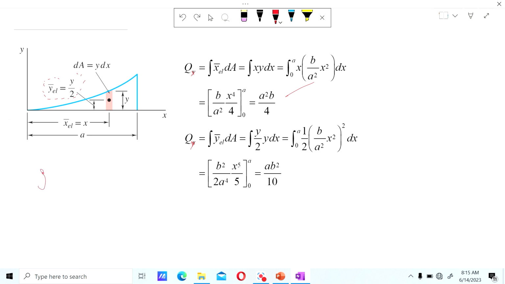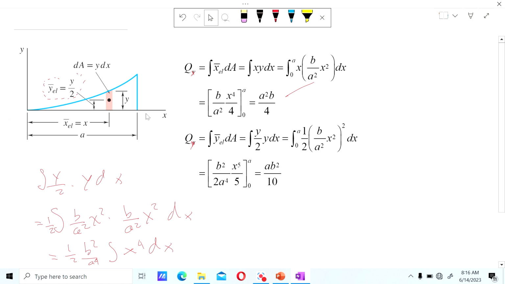So this would be the integral of y over 2 times y dx. So this is equal to the integral of 1 half of b over a squared x squared times b over a squared x squared dx, which is equal to 1 half b squared over a to the 4th and x to the 4th dx.